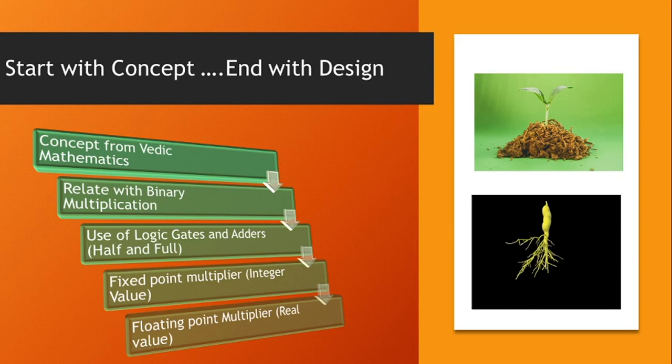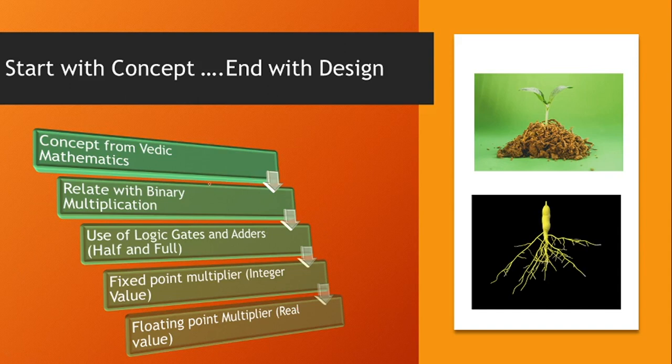So we start with the concept and we will end with the design. Our concept is Vedic mathematics, one of the sutras, Urdhwtirgbhyaam, and we will end with the design of the floating point multiplier. These are the various steps that we have to go through in this process.